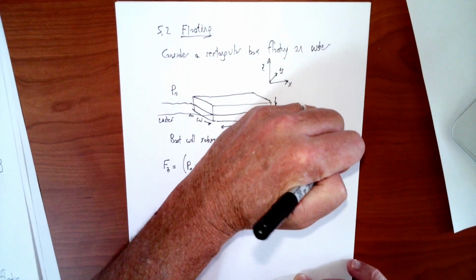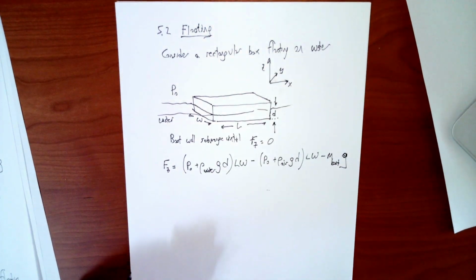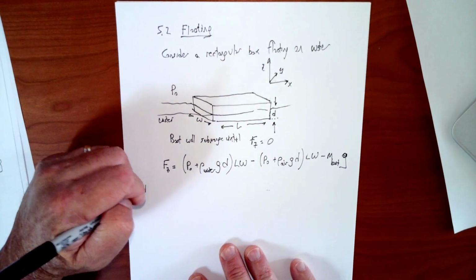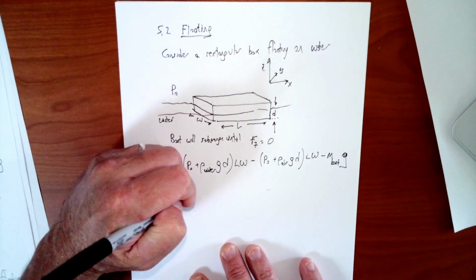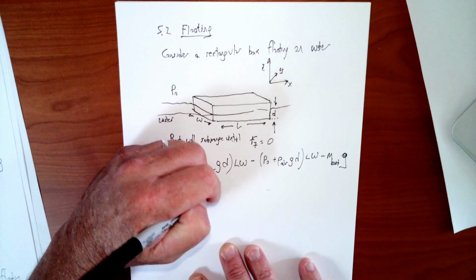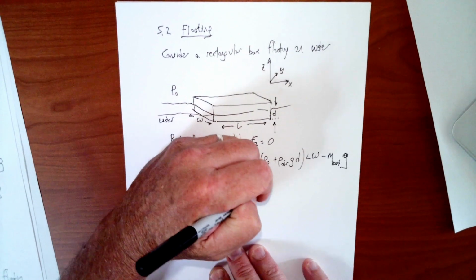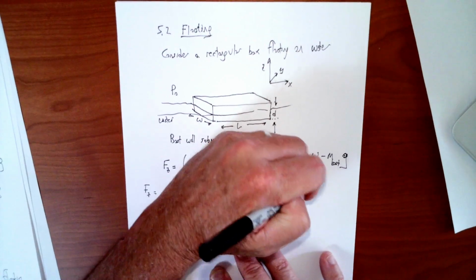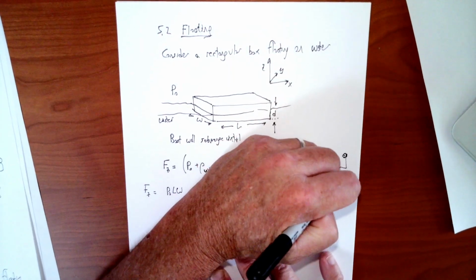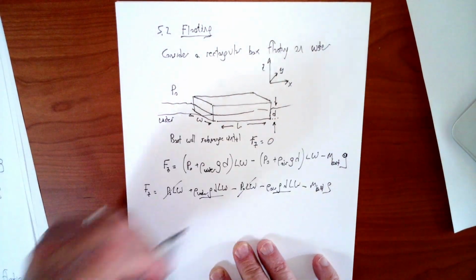And the final force is the gravitational force, the mass of the boat times gravity. Of course, gravity is trying to pull the boat downward. We're going to break those forces out so we can see them a little better. So we have P naught LW plus rho of water times G D LW minus P naught LW again minus rho air G D LW, and then minus M boat times G. Obviously, these two terms cancel, and these two terms look a lot alike.